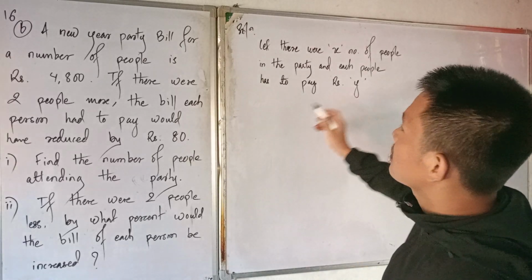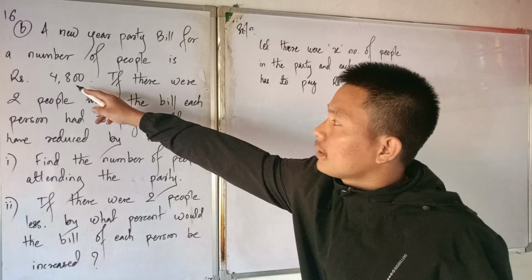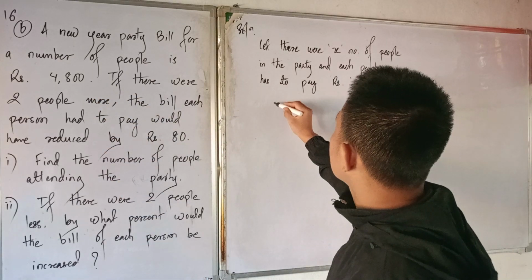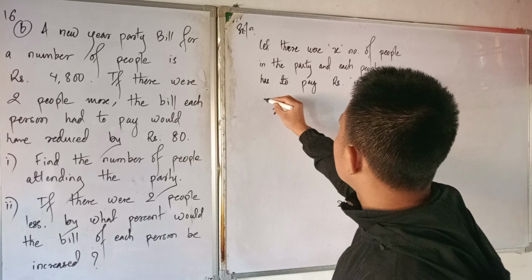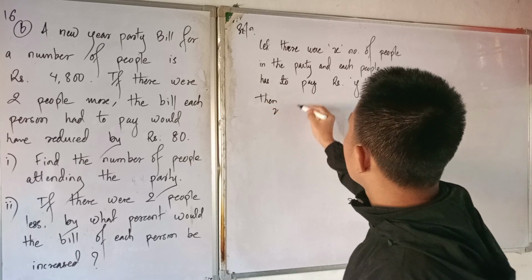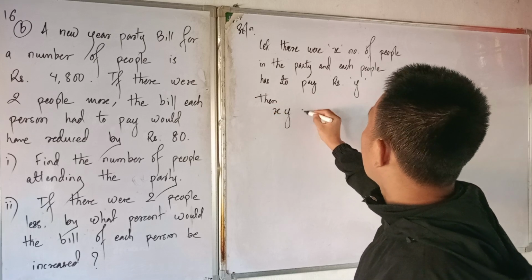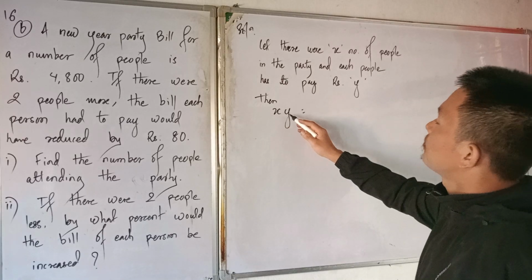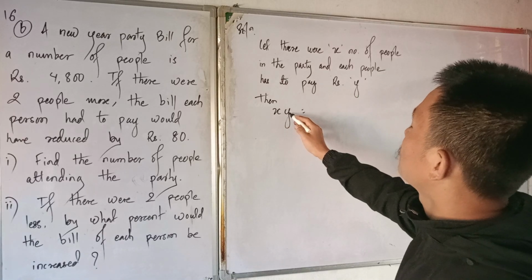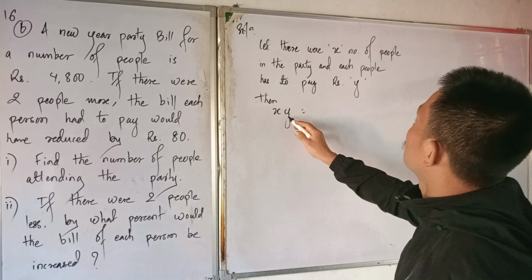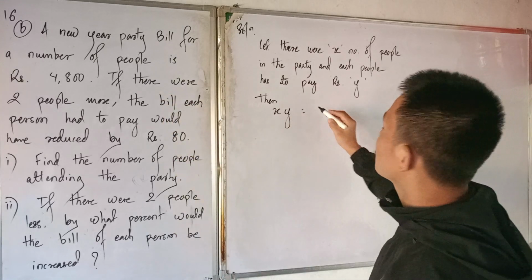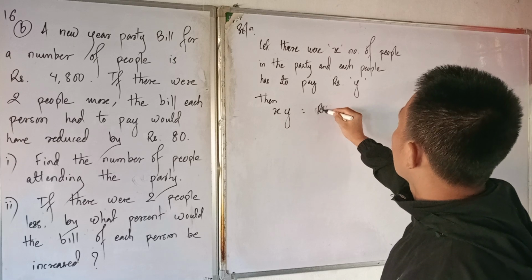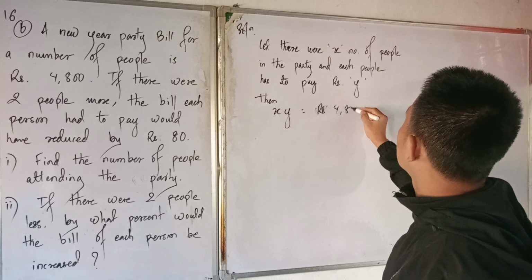So the total cost is 4,800. The first condition is then x multiplied by y. So x number of people, multiplied by what each person has to pay, y rupees, gives the total cost, that is rupees 4,800.